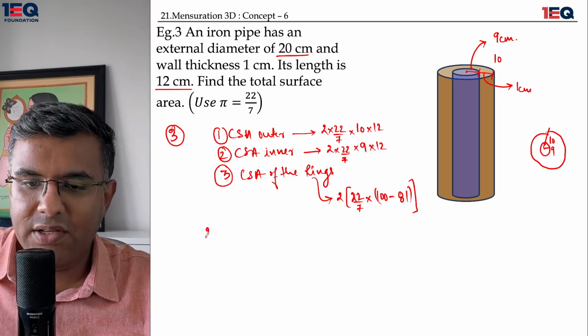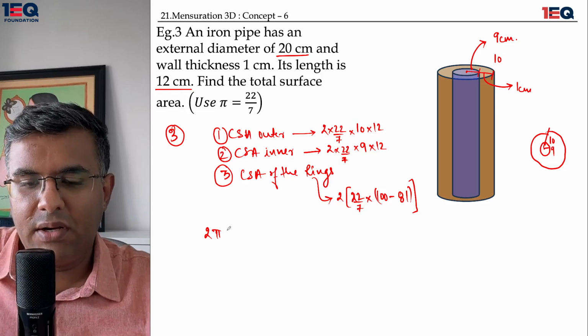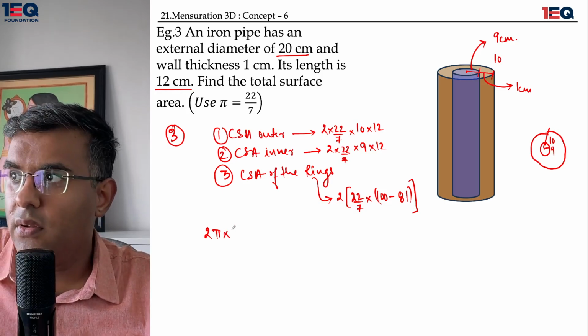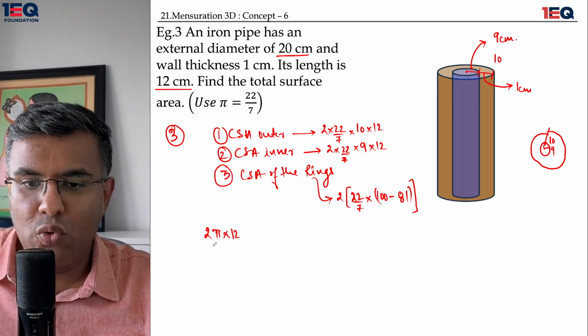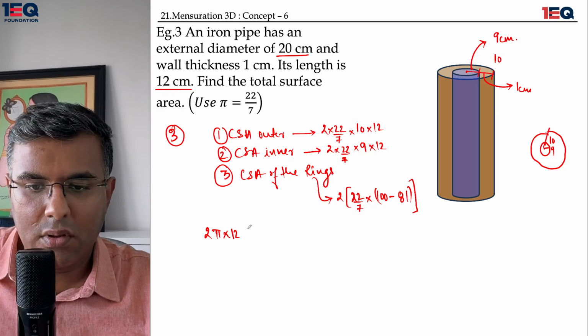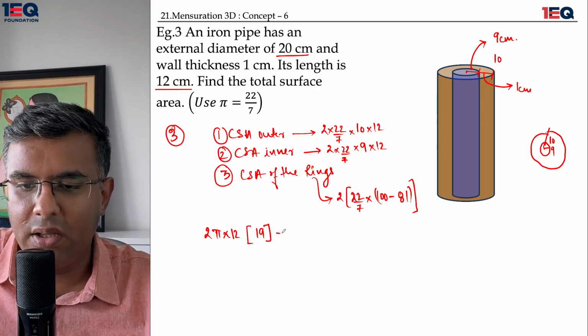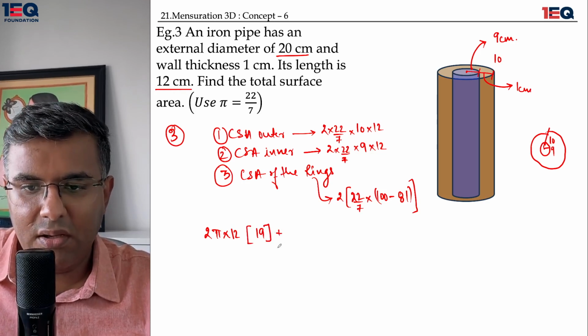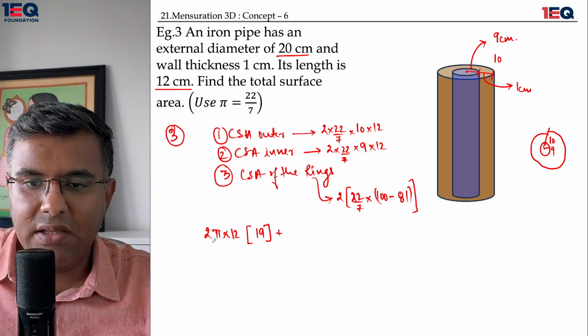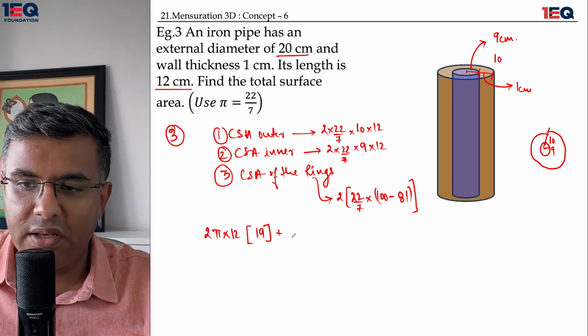So what I actually get here is 2 pi multiplied by 12 with 19 being here in the bracket. This is me adding the curved surface area of the outer and the inner side.